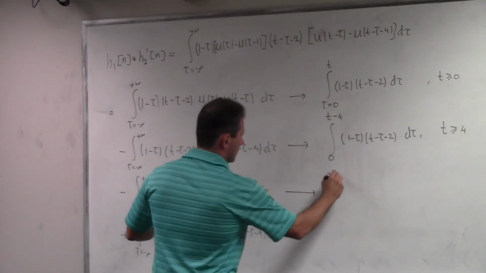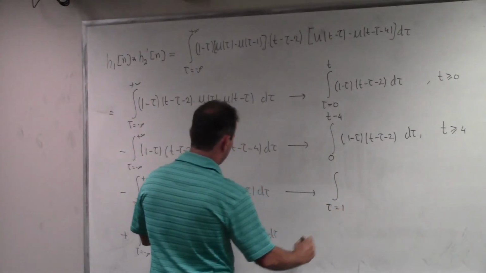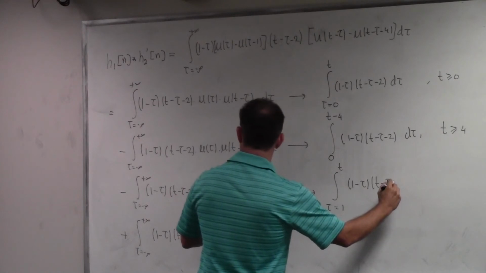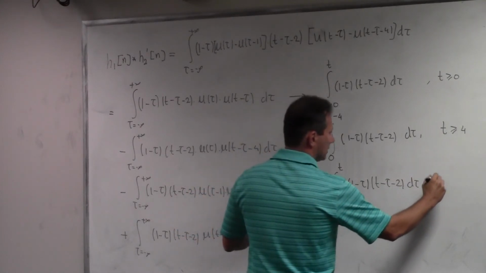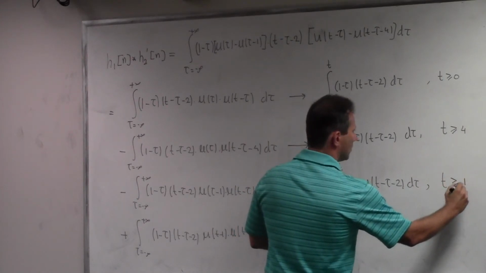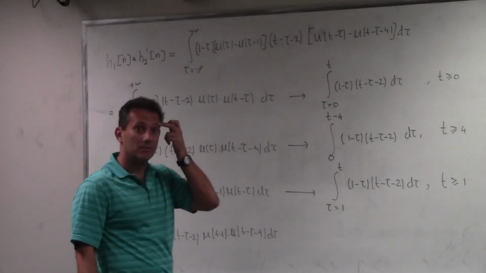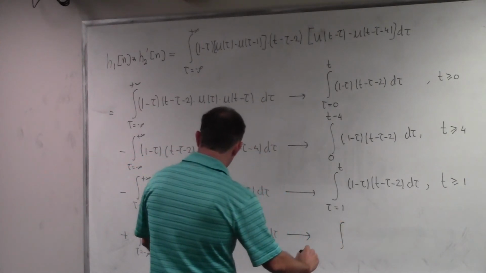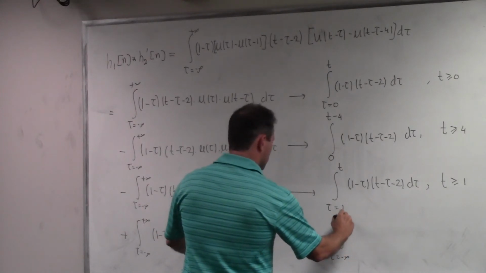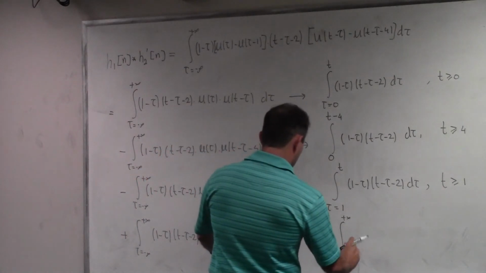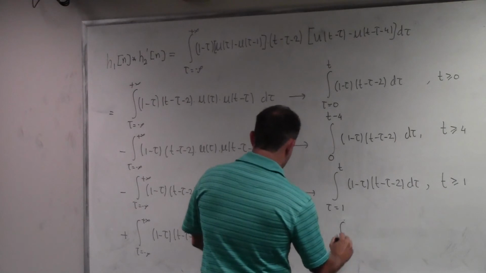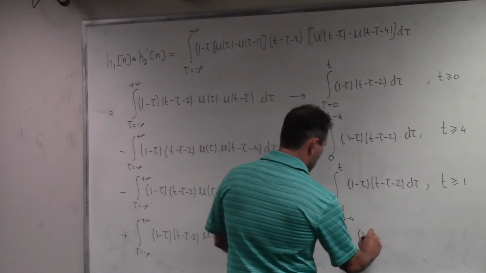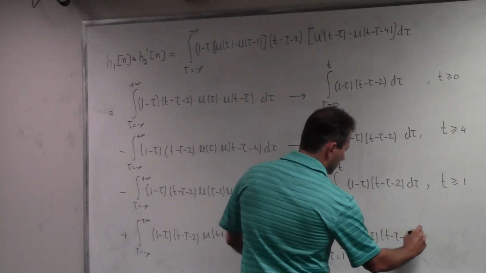Now, for this one, the integral tau goes from 1 to t, with 1 minus tau, t minus tau minus 2, d tau. But t has to be greater than 1, you cannot integrate before. And the last one is the integral where tau goes from 1 to t minus 4, with 1 minus tau, t minus tau minus 2, d tau.